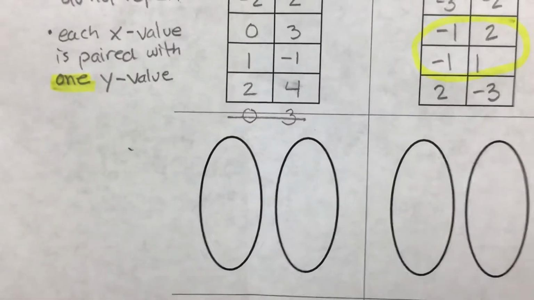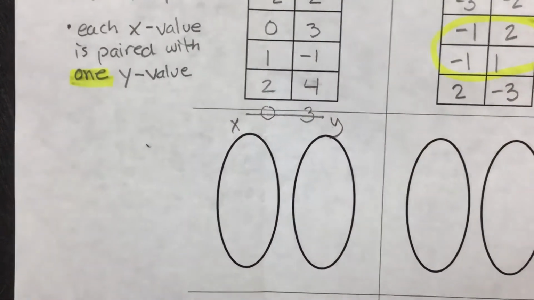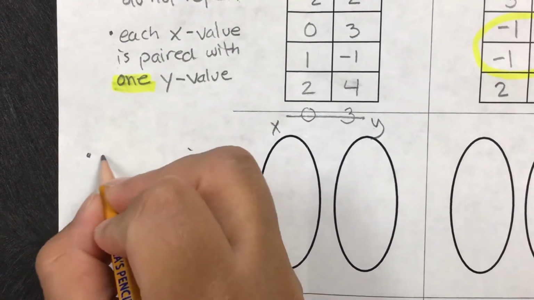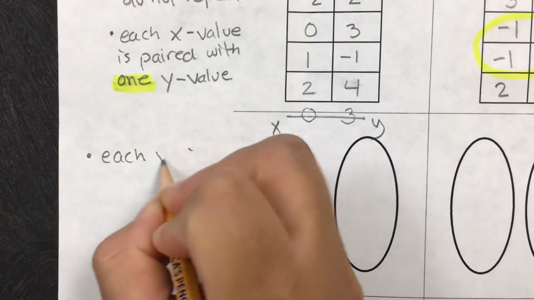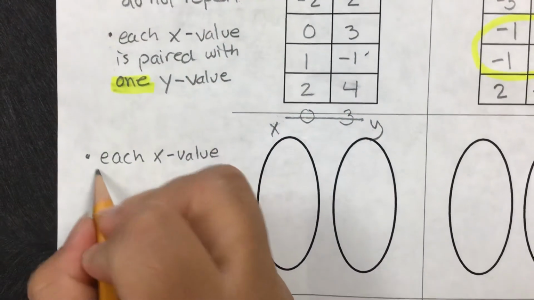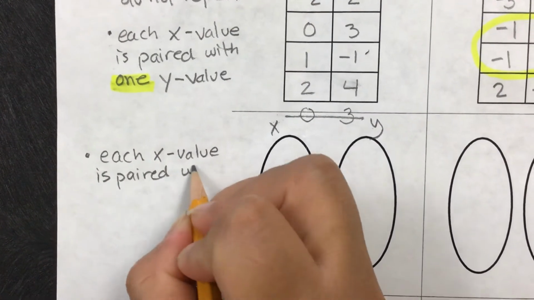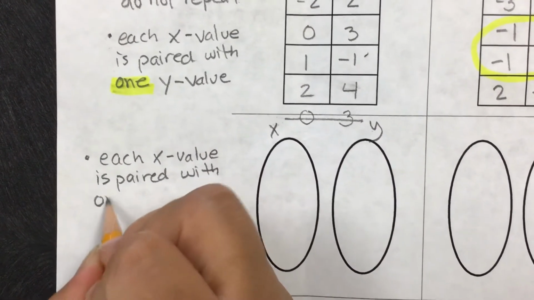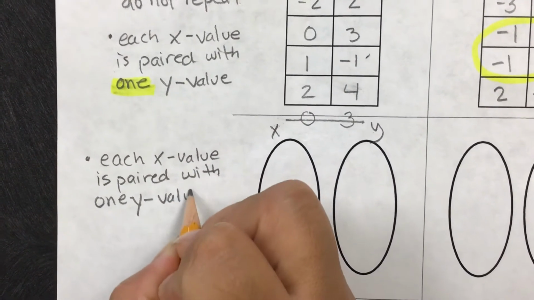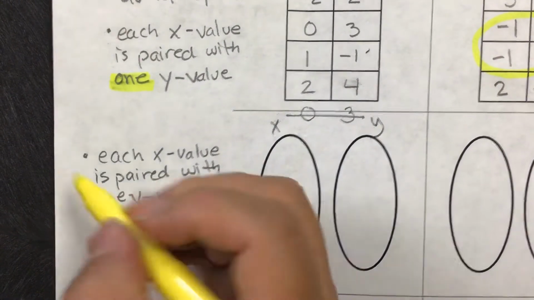These right here are called mapping. On mapping, we still have x and y values. And we're still looking for the same thing, that each x value is paired with one y value. So we're only looking for one for it to be a function.